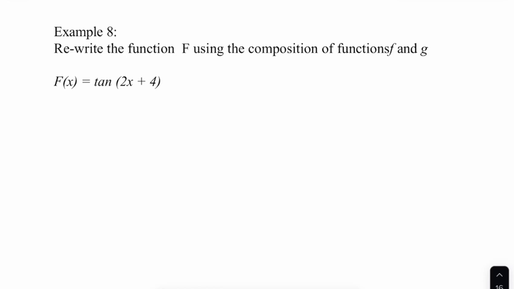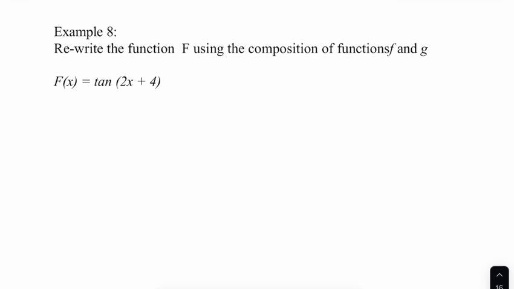So they said that big F is the tangent of the quantity of 2x plus 4. So what they want you to write is find two functions, little f and g, such that if I put them together, I get big F. So all you have to think about is this. What function is on the inside? What function is stuck on the inside of something? 2x plus 4.